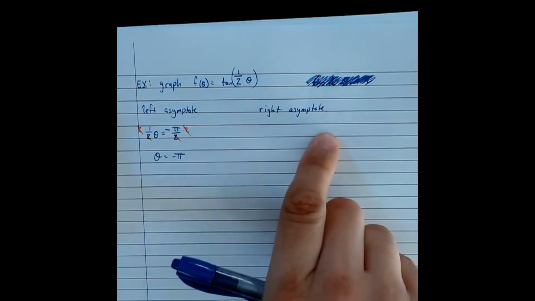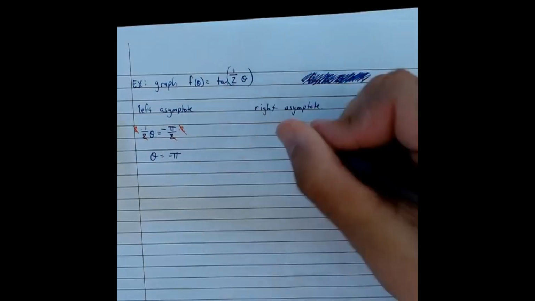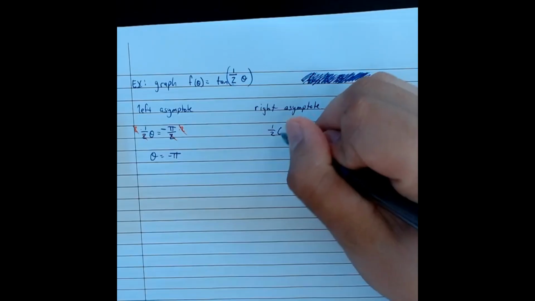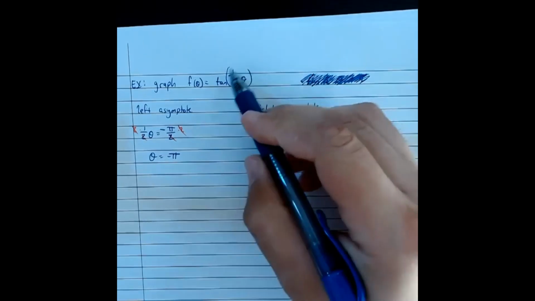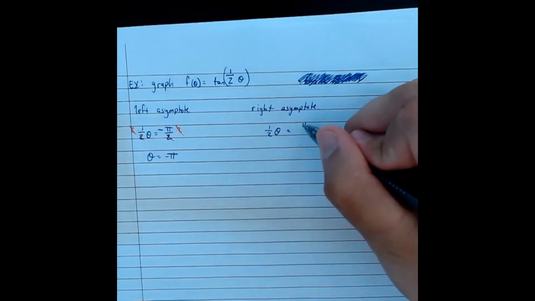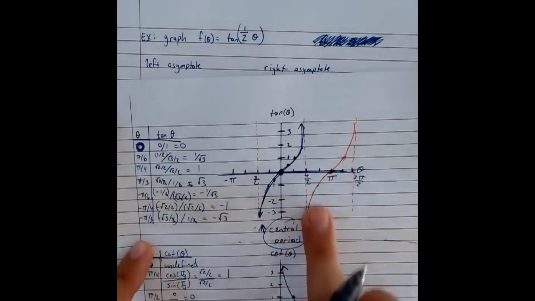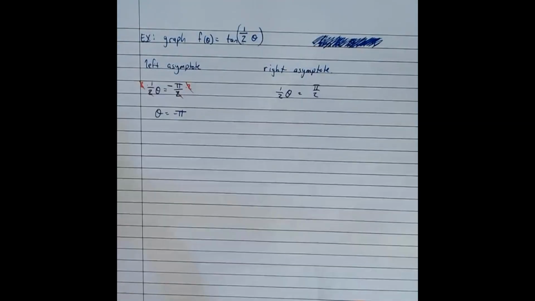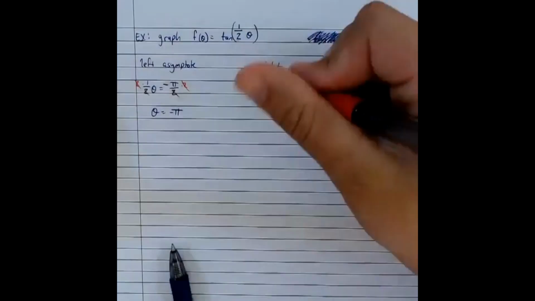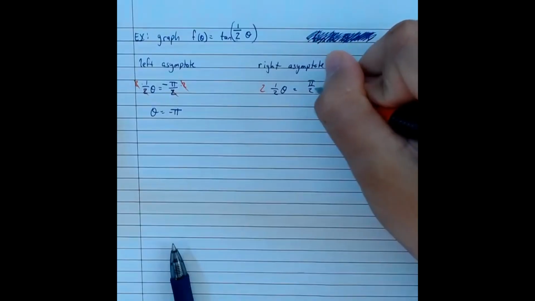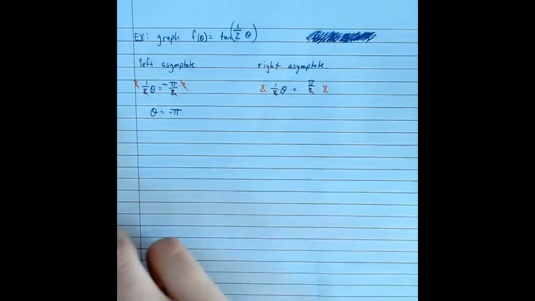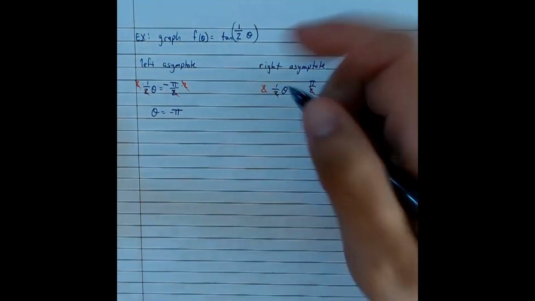The right asymptote will exist wherever the argument, 1/2 of theta, is equal to positive pi over 2, because again, on the central period, that's where our rightmost asymptote is, at pi over 2. So solving for theta, we can double both sides, and that'll give us theta equals pi.